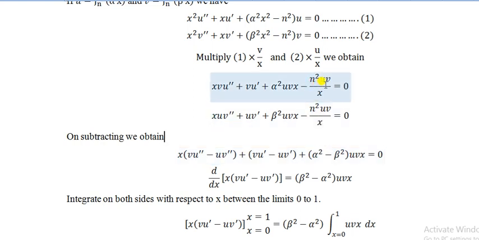And minus n squared u v by x, minus of minus means plus n squared u v divided by x, so these two terms cancel out, which is equal to 0.